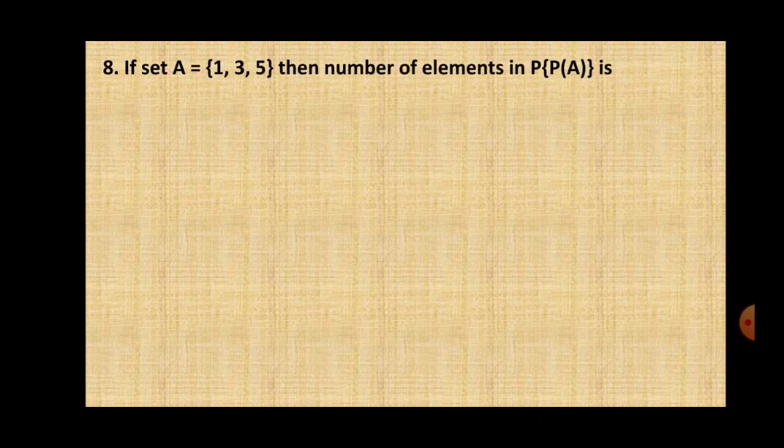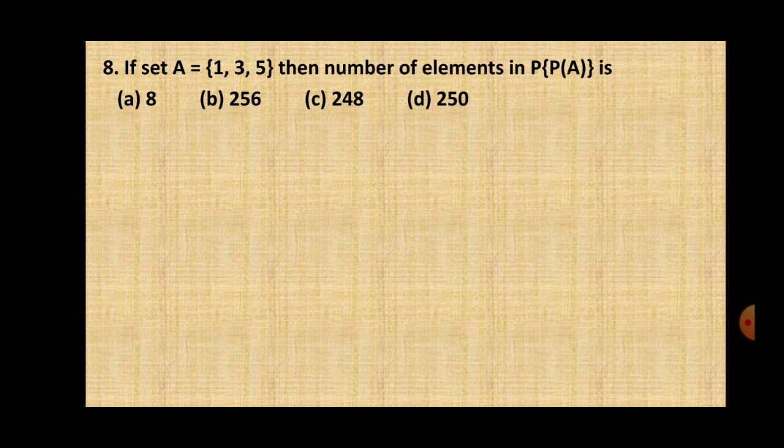Next, example number 8. If set A equals 1, 3, 5, then find the number of elements in P of A, where P means power set. The options are: option A 8, option B 256, option C 248 and option D 250.